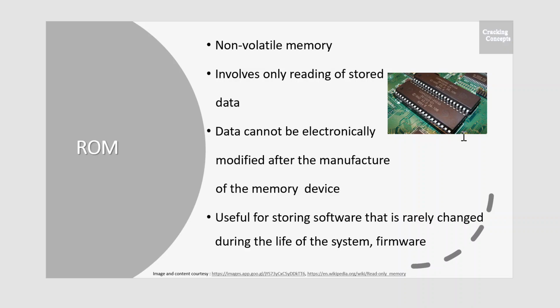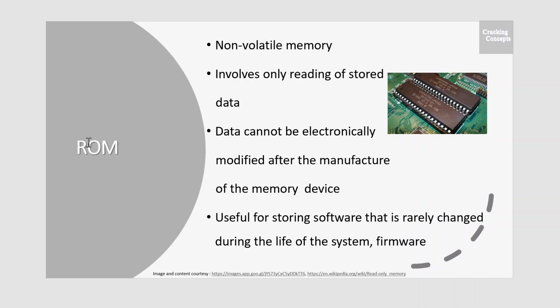Different types of this memory have been developed. Generally, its contents can be read as if they were static RAM or dynamic RAM memory. But a special writing process is needed to place the information into this memory. Since its normal operation involves only reading of stored data, a memory of this type is called ROM.